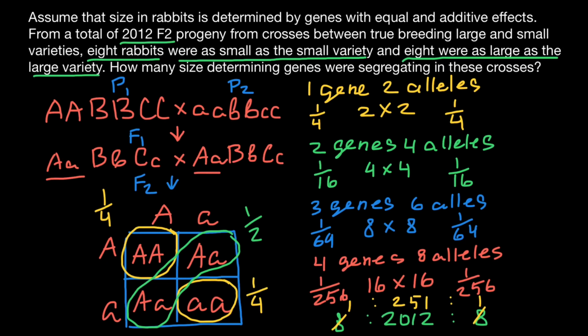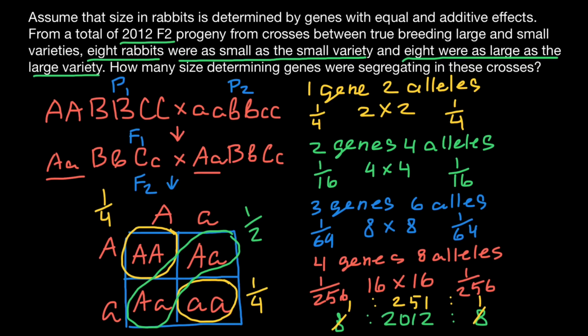And we can say that these extreme genotypes and phenotypes are going to be about 1 out of 251 animals. 1 out of 251, you see, 1 divided by 251. We also can say this is the same as 1 over 251. So it is very close to this number. We do not expect that number to be exactly as here, because this is just an approximation.